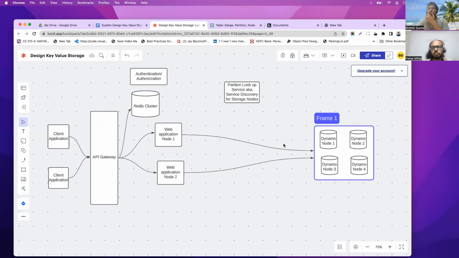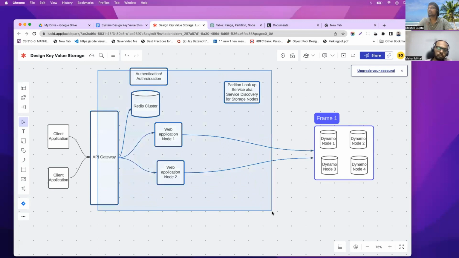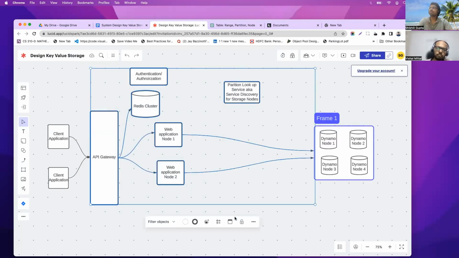So don't be confused that since DynamoDB itself is a key value store, why are we building on it? If I was using DynamoDB directly, I would not have built all of these components. This would have gone, and I would have been using DynamoDB directly as a managed service.